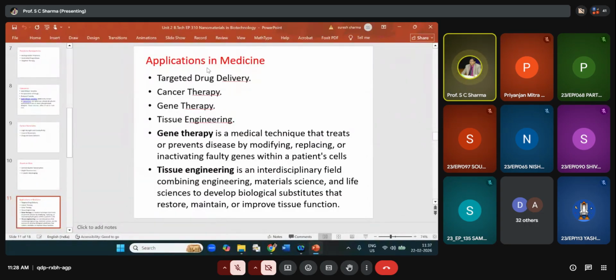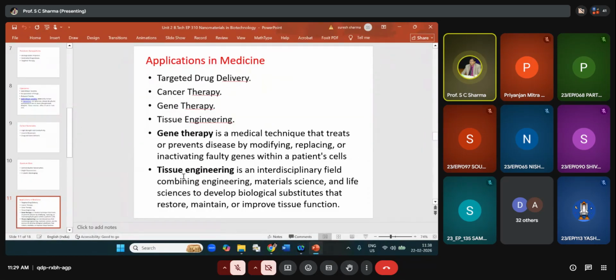Targeted drug delivery is very much clear. Cancer therapy is very much clear. Gene therapy is a medical technique that treats or prevents disease by modifying, replacing, or inactivating faulty genes within a patient's cells.